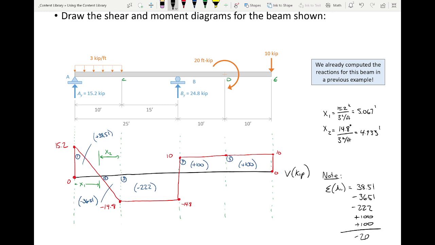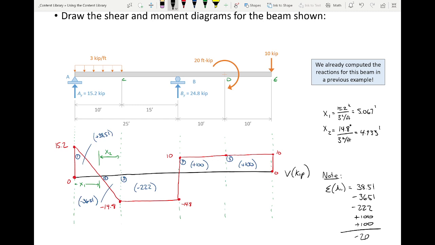So the other thing about this, and this is one of the things that I always found confusing when I was a student, is, when you're drawing the shear diagram, this load right here says 24.8 and it's pointing up, so you draw this up, right? But when we're drawing the moment diagram, does this cause an upward shift or a downward shift? I never really understood that.